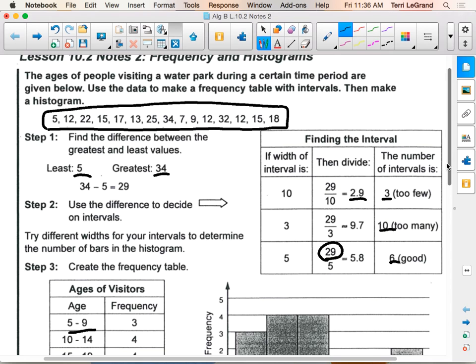Between the two age groups, how many children were between 5 and 9? Yeah, it's how many? How often did it happen? So we have in our group up here, we need all of the ages between that are 5 through 9. 5, 7, and 9. That's where they got the 3.